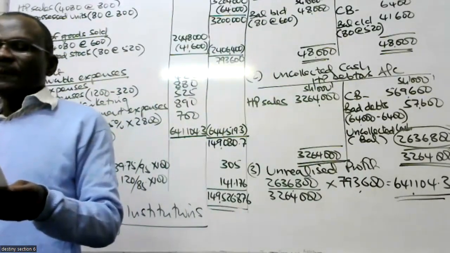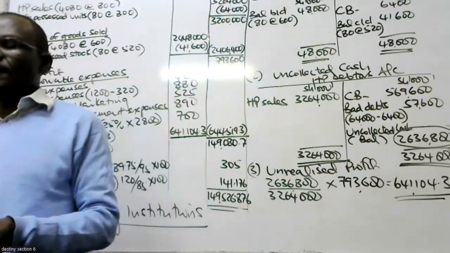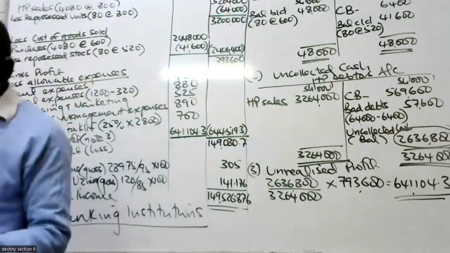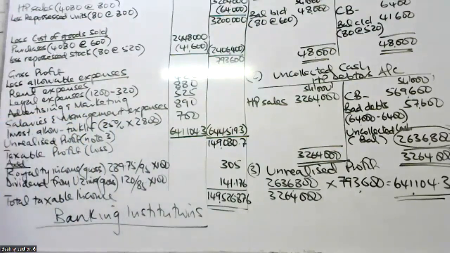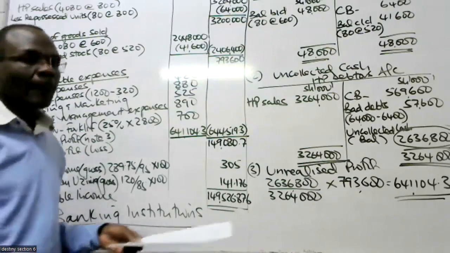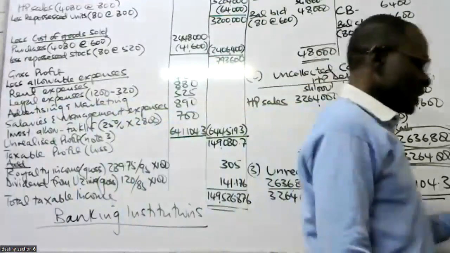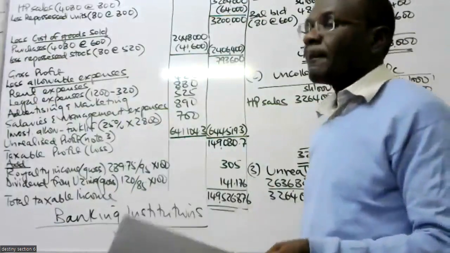Next point, the interest derived from placement, deposits and balances is taxable business income.